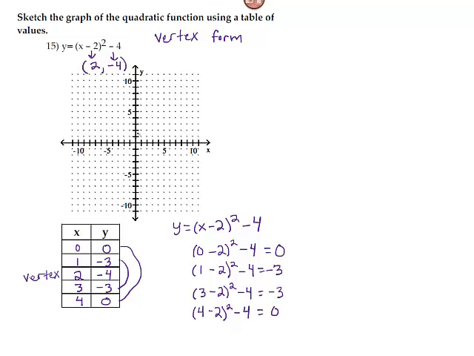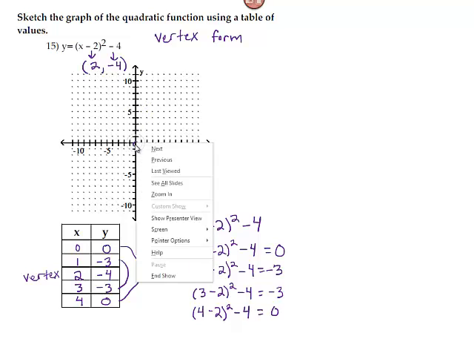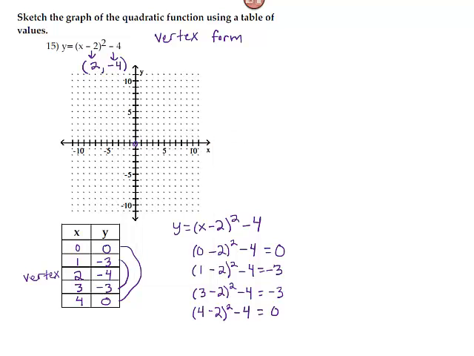Now plot your points. 0, 0. 1, negative 3. 2, negative 4. 3, negative 3. And 4, 0.